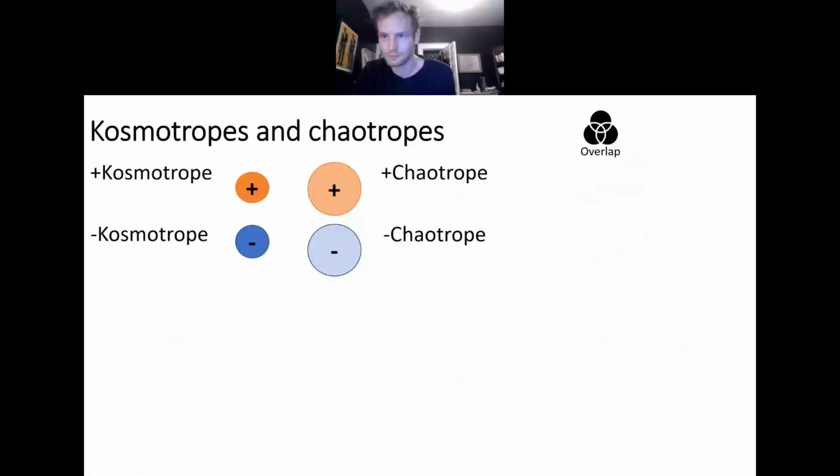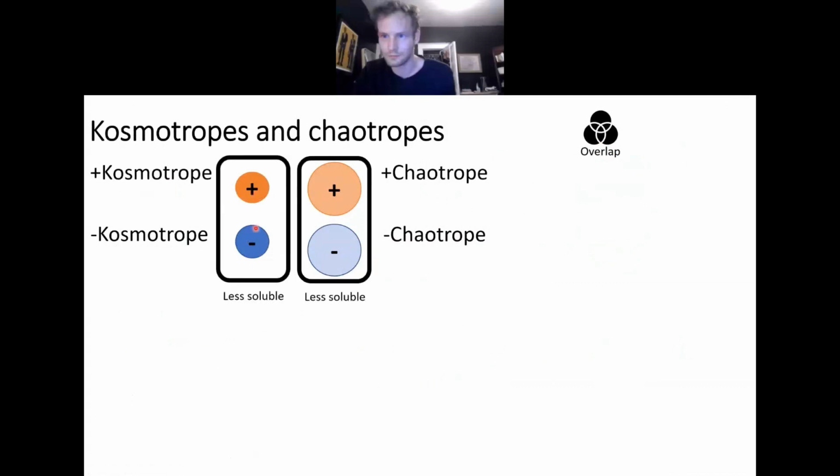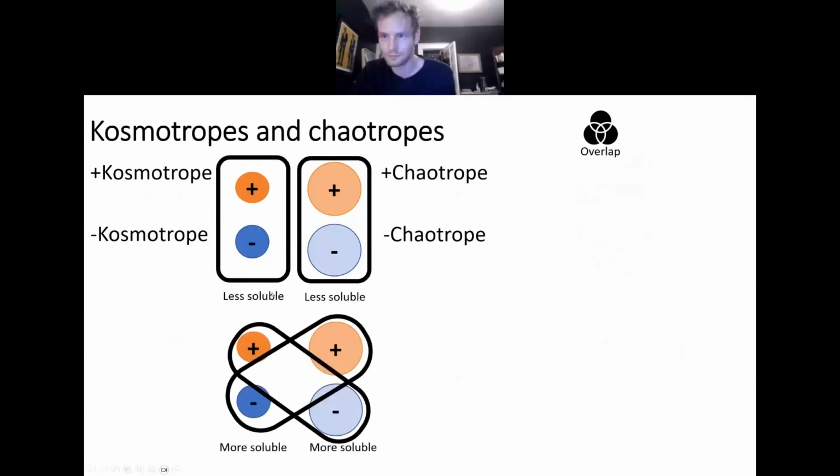So if you have a positive cosmotrope and negative cosmotrope, they're less soluble, and then again, chaotropes together are less soluble. But when you have salts where they're across a cosmotrope with a chaotrope, it's much, much more soluble.